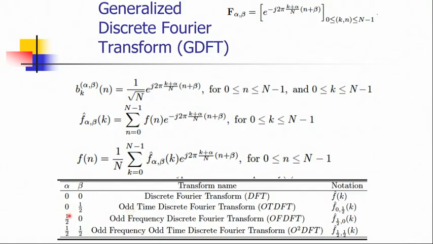If I take alpha equal to 0 and set beta equal to half, we call that transform the odd time discrete Fourier transform, or OT-DFT, and we can represent it in this form. Similarly, alpha equal to half and beta equal to 0 would be the odd frequency discrete Fourier transform, and if both are half, the odd frequency odd time discrete Fourier transform.